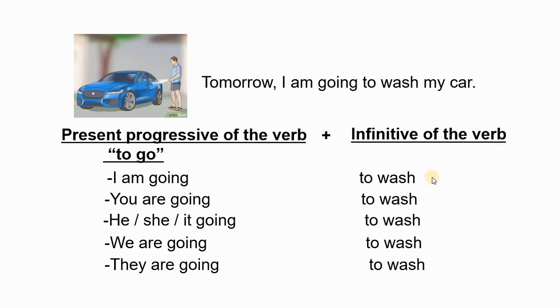The infinitive of the verb means the base verb, so the infinitive is to, followed by the verb wash. Alright? So I am going to wash, you are going to wash, and so on.